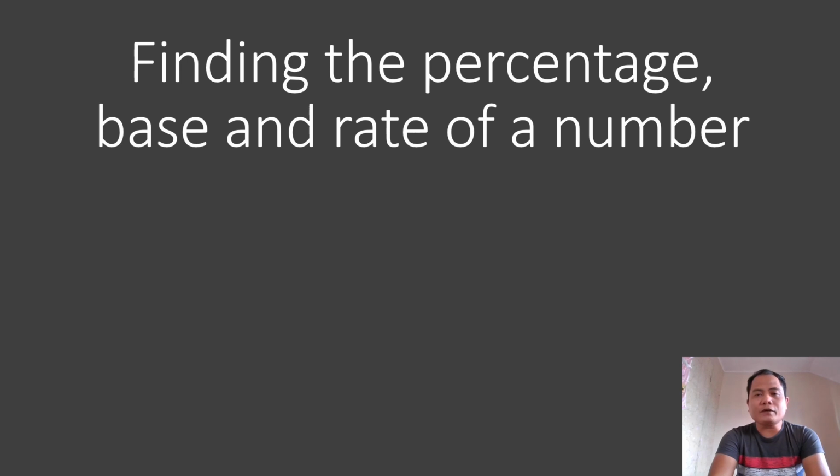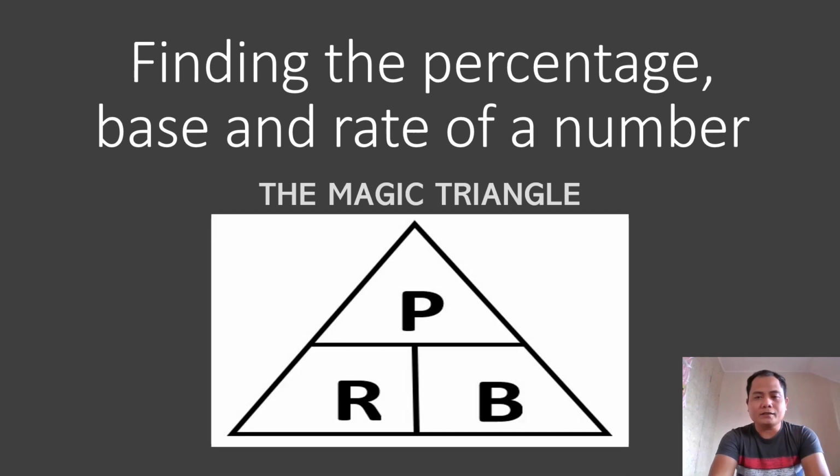Now, let's proceed in finding the percentage, base, and rate of a number. Using the magic triangle, here is our formula. Makikita natin dyan, P on the top, R below, and B. Now, paano natin gagamitin ang magic triangle na yan?